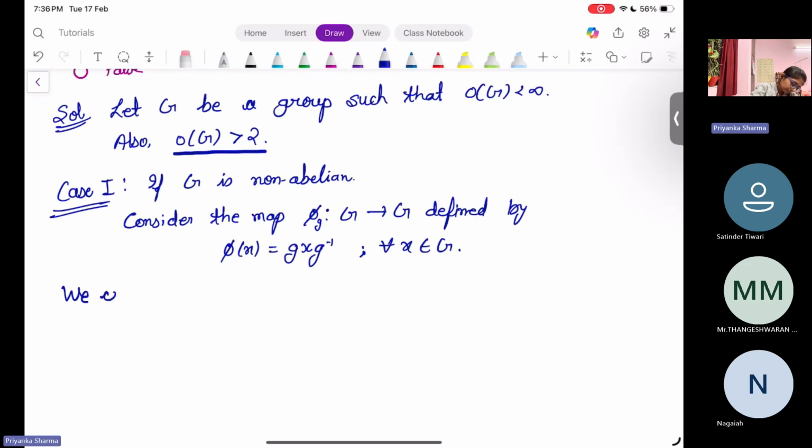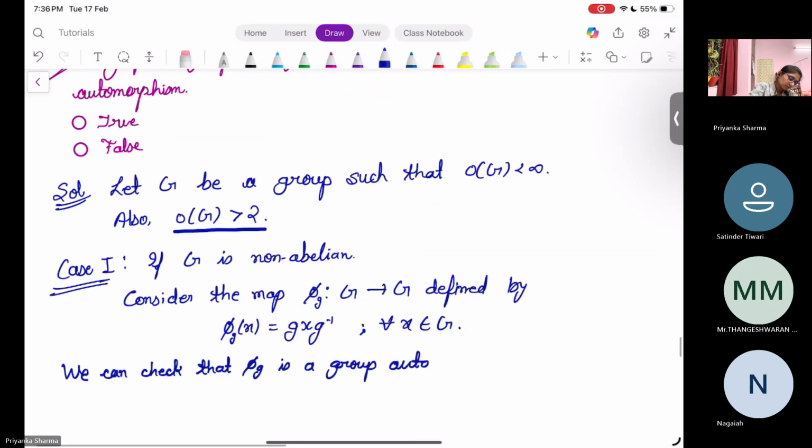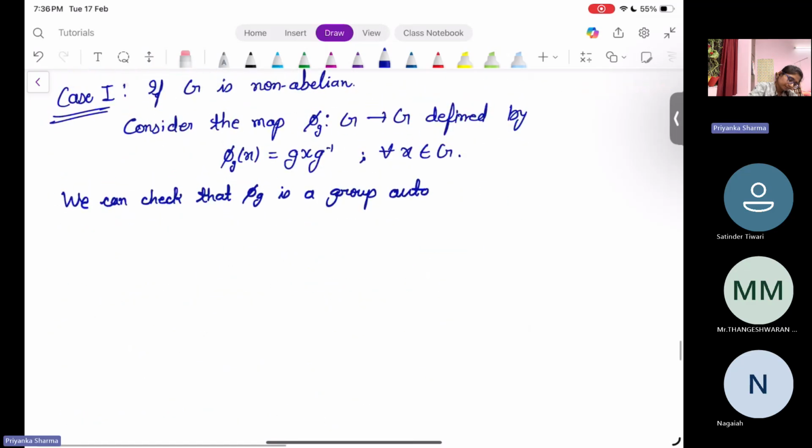Now we can check that phi g is a group automorphism. Okay.